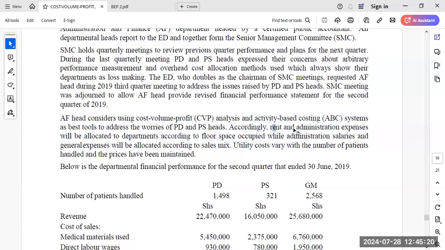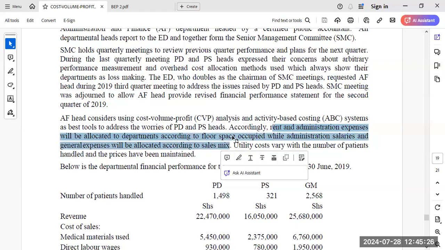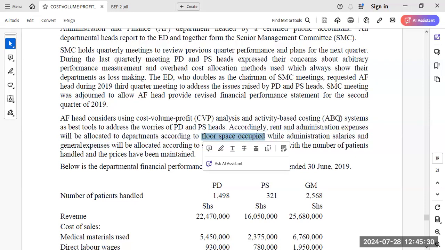With an ABC system, you need an activity rate, you need the cost driver. The cost driver is floor space as you allocate rent and administration expenses.